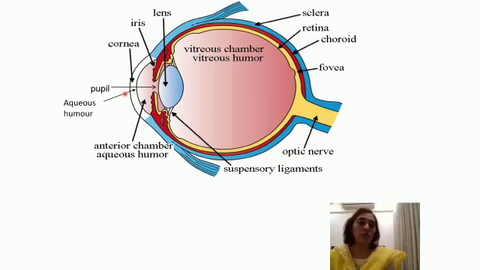And change in the focal length is required because when we see nearby objects or distant objects, the focal length of the eye lens needs to be changed, and that is brought about by the eye lens, which changes its curvature. And this is brought about by the help of ciliary muscles, which contract and relax and bring about change in the focal length of the eye lens.